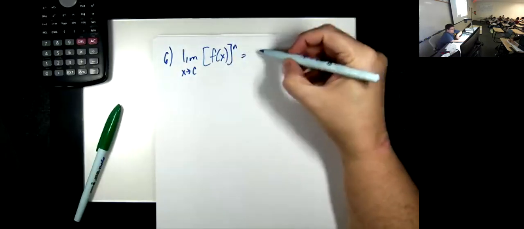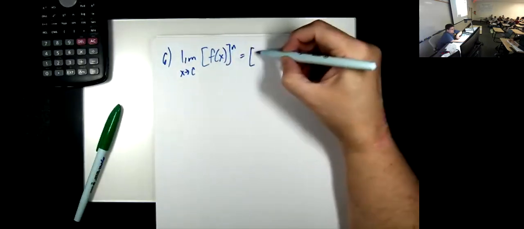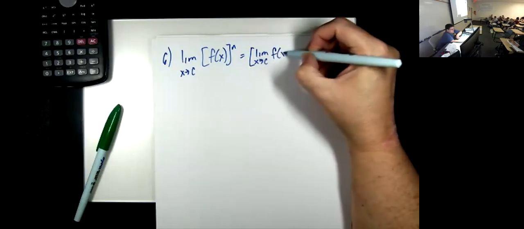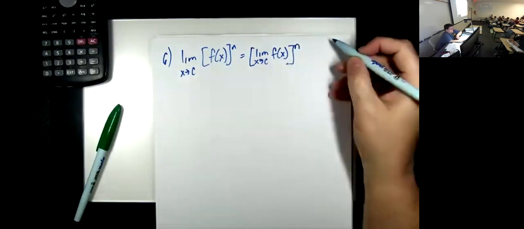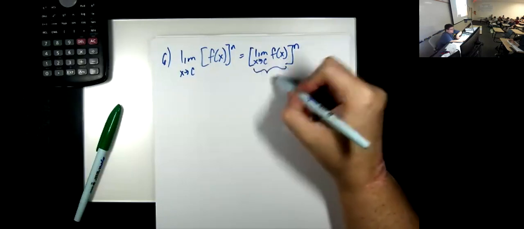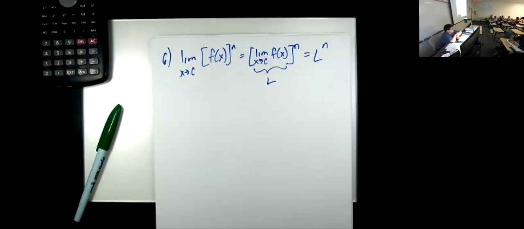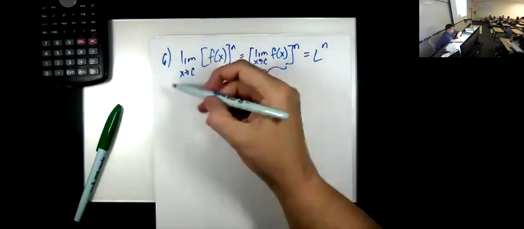What we're doing is we're moving that limit as x approaches c inside the brackets. And this value equals L, so this becomes L to the n. That's called the power rule.